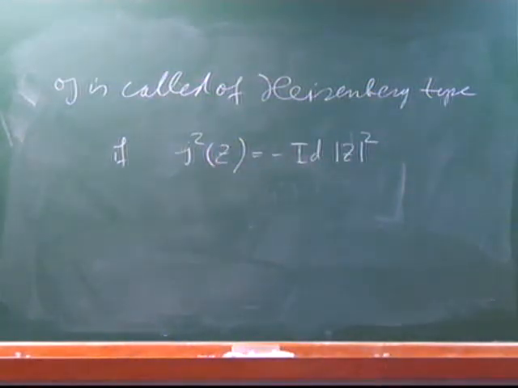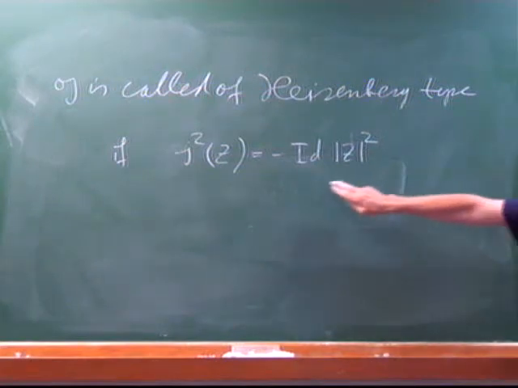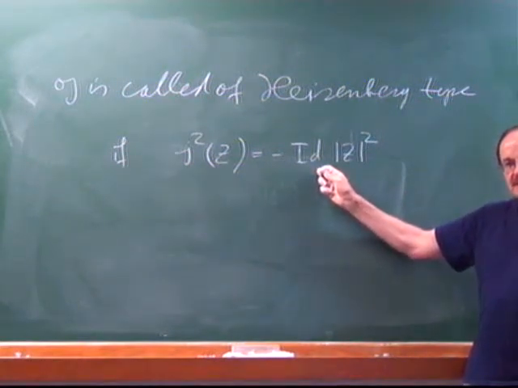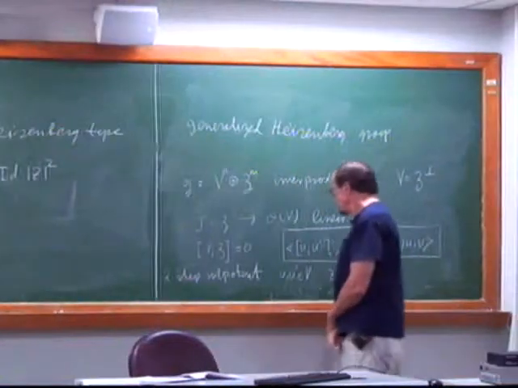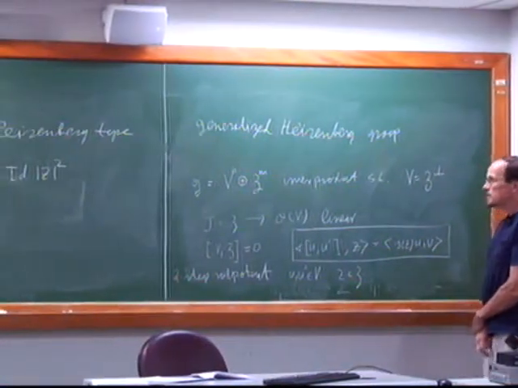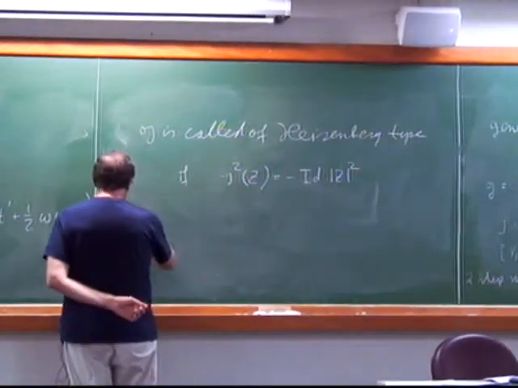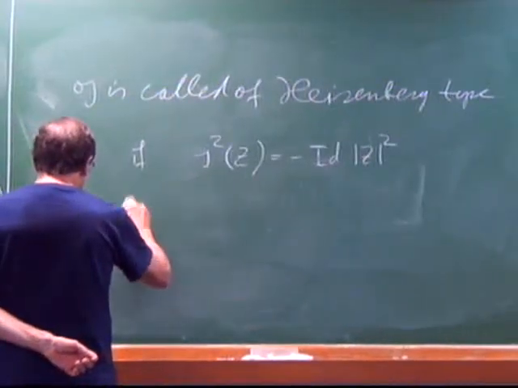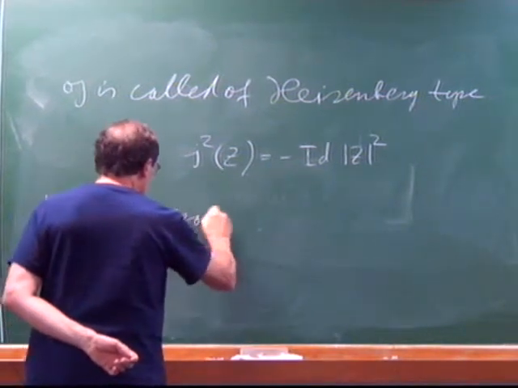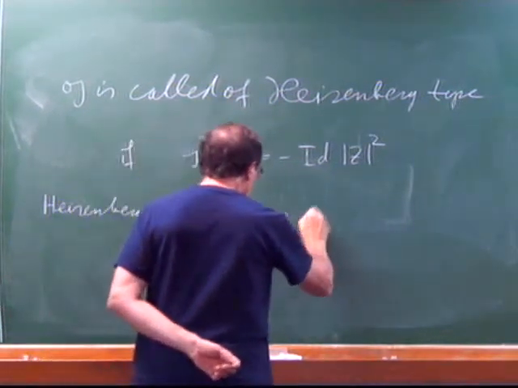So this linear map goes into the complex structures. If z was a unit vector, J_z would be a complex structure. And it's not hard to verify that the Heisenberg group satisfies this, so it is of this type.